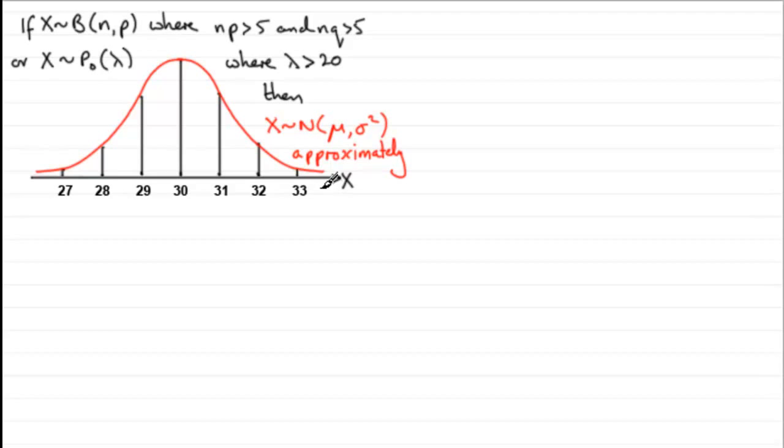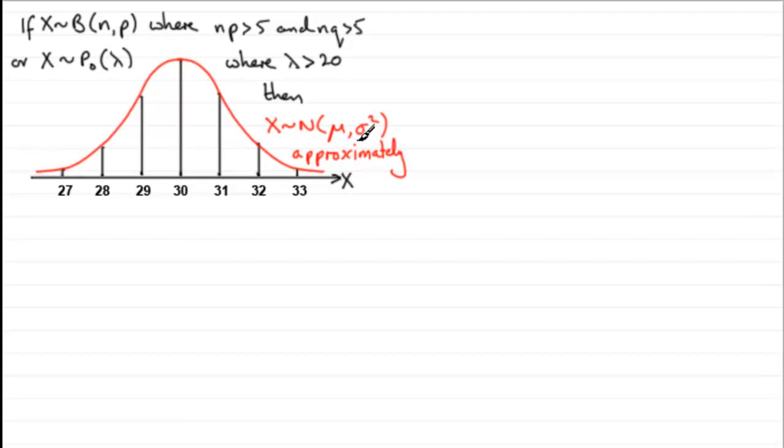And that is, we're going to be called upon to work out various probabilities. Maybe, for instance, the probability of being greater than 29 or less than 31 or greater than or equal to 33 and so on. And what we can do is use the approximation to the normal distribution to do this.